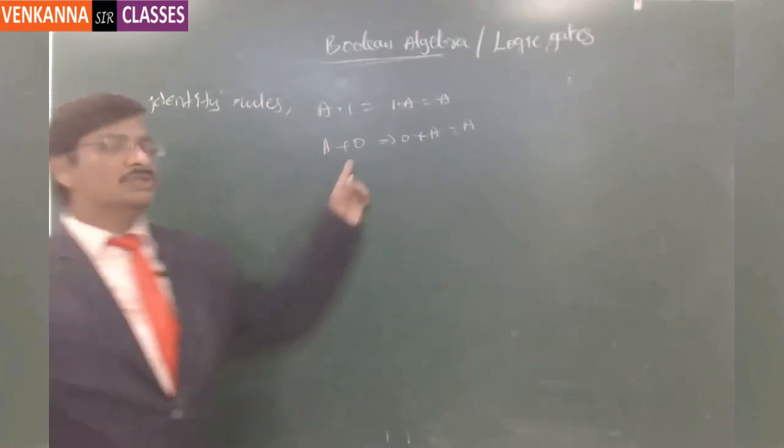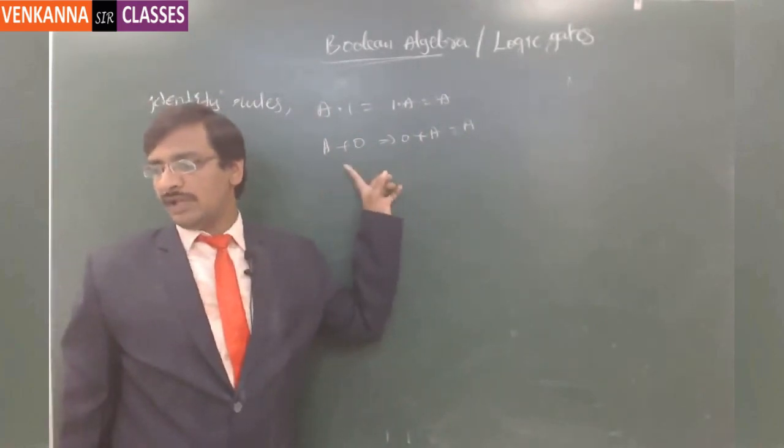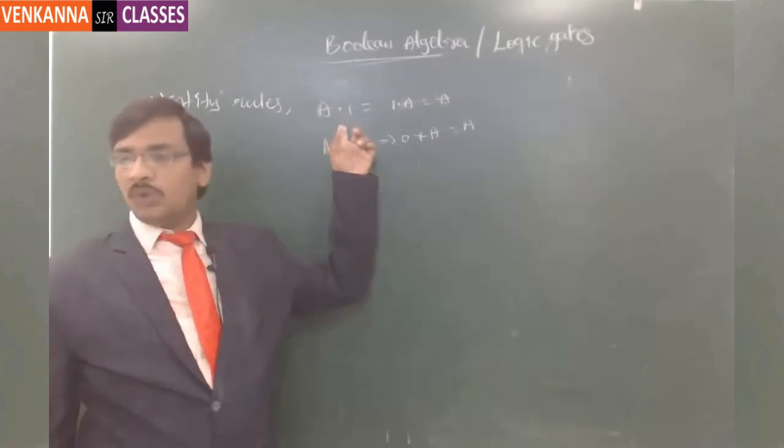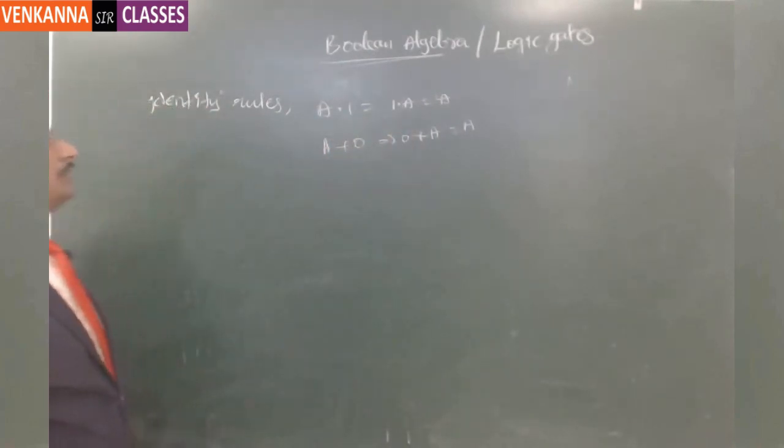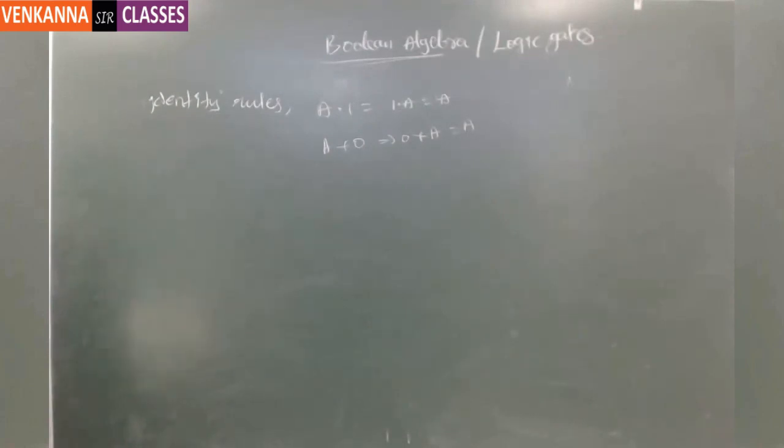So even if you add a 0, it won't make any difference to the value. Even if you multiply with 1, it won't make any difference to a. Got it? So this is the identity rule.